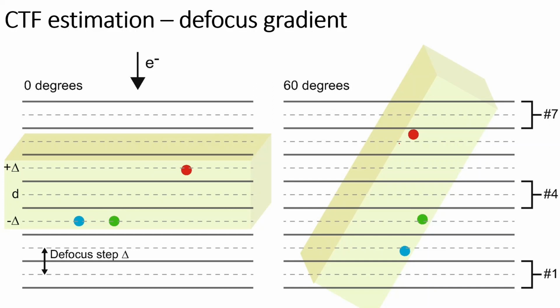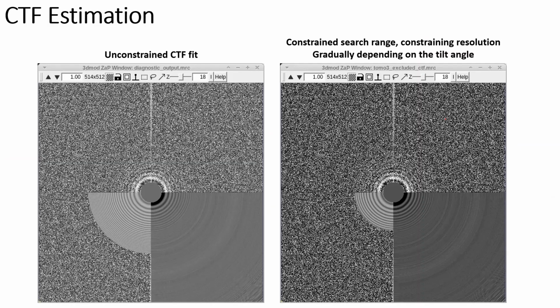Whereas the 60 degrees tilted sample will have very weakly resolved Thon rings because of the large defocus gradient going over our sample, and therefore we are averaging all the CTF curves that vary across this sample.